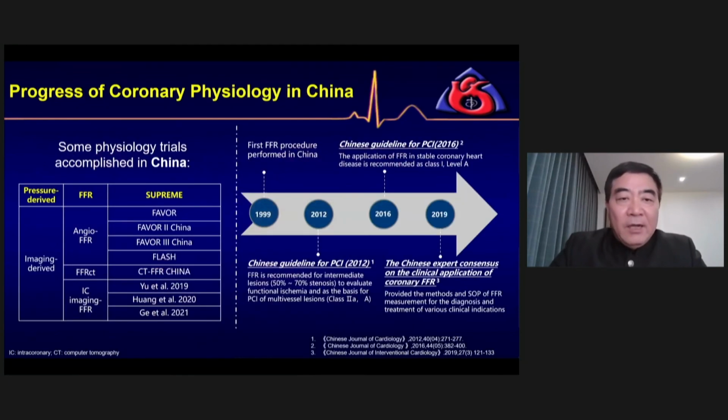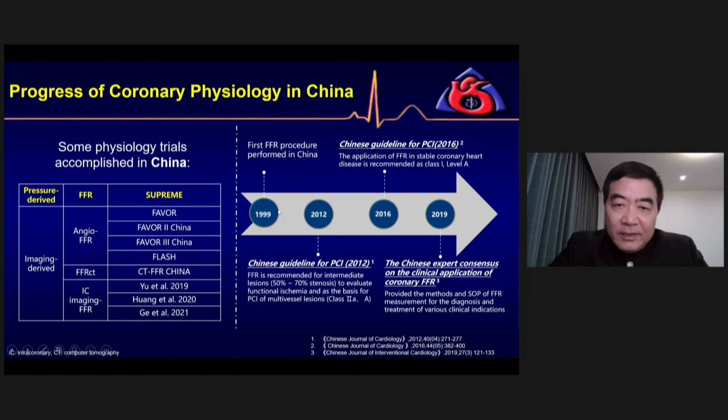5%. At present, as we mentioned in this demonstration, we conducted this angio-guided FFR or microcatheter.